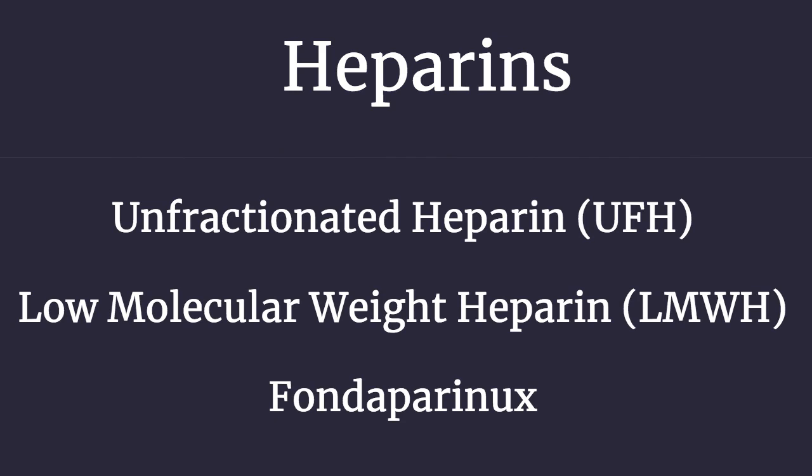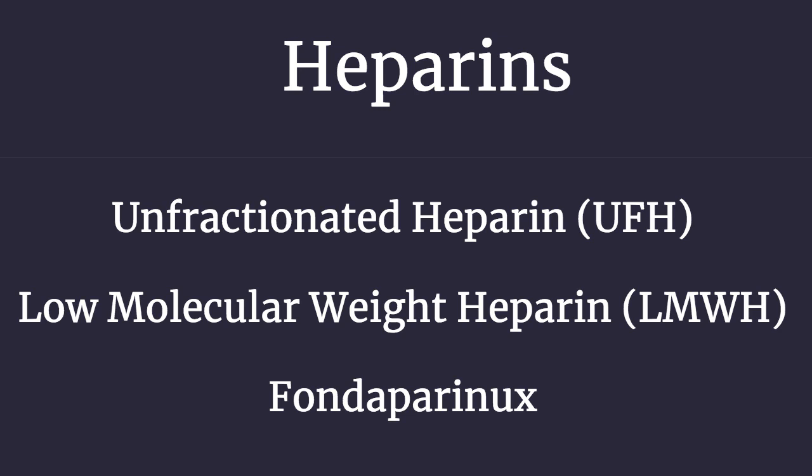The other one is low molecular weight heparin, LMWH. The most common heparin that is used in this category is enoxaparin or Lovenox. There's also dalteparin that I've mostly seen used in clinical studies, but there may be some institutions that use that. And then the third subcategory is Fondaparinux.